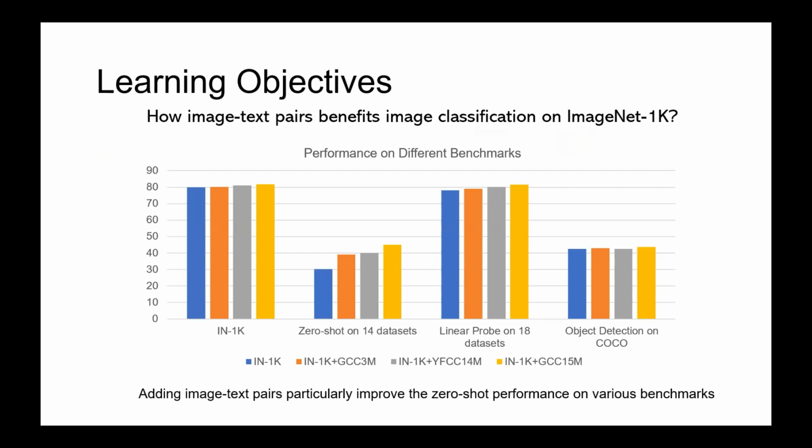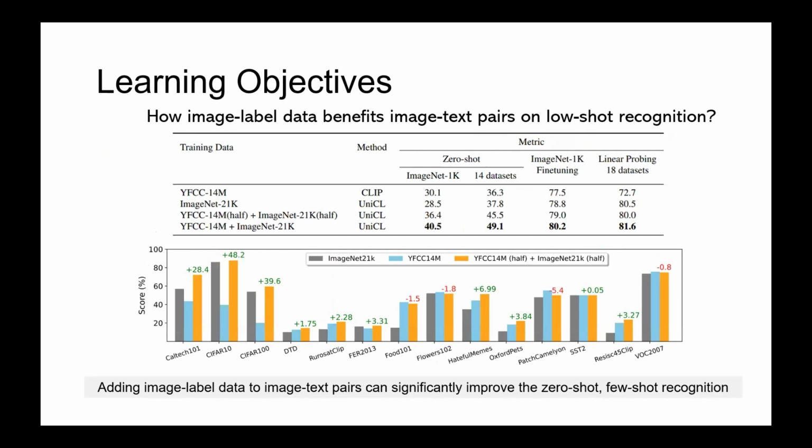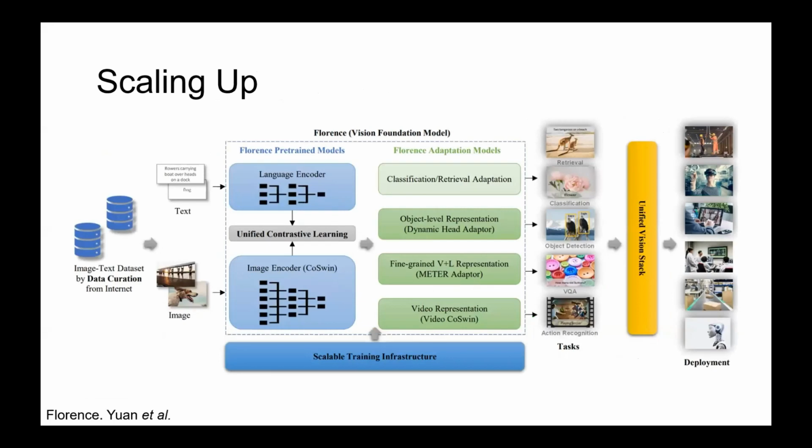You can see here it can improve the performance universally, particularly the zero-shot performance. And the image-label data can also, the other way around, benefit the image-text pairs on low-shot recognition. So basically, if we add image-label data, for example ImageNet data, to the original image-text pairs, it can also universally improve the performance across different benchmarks.